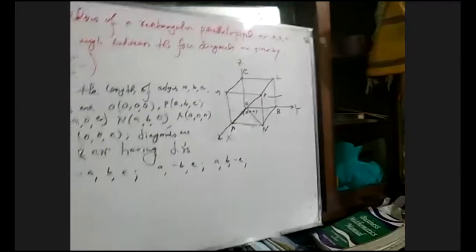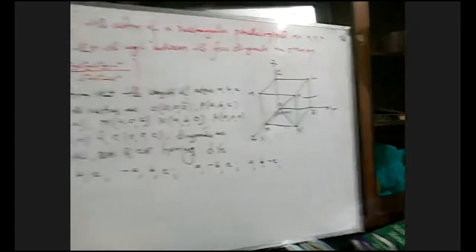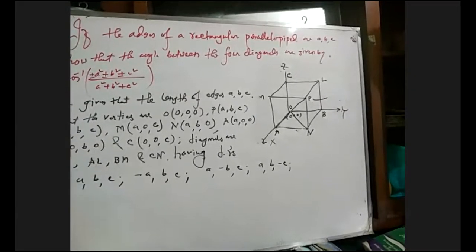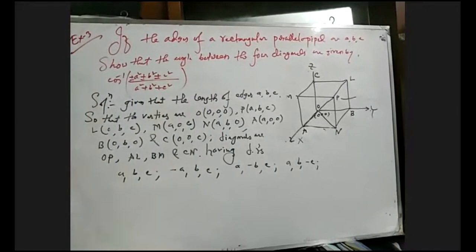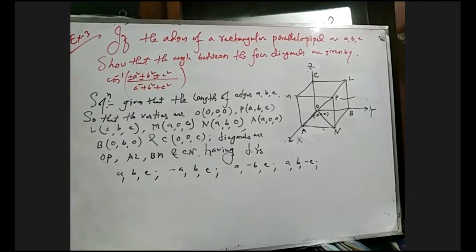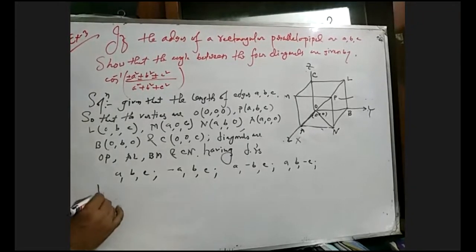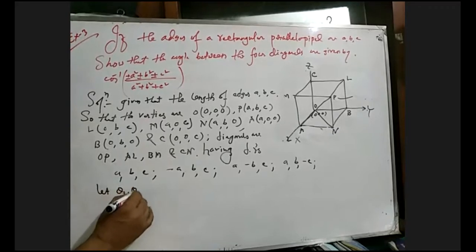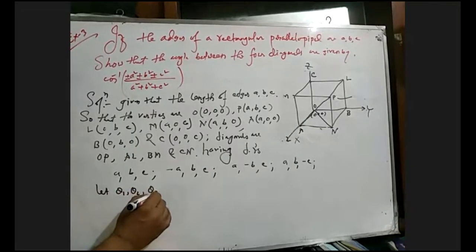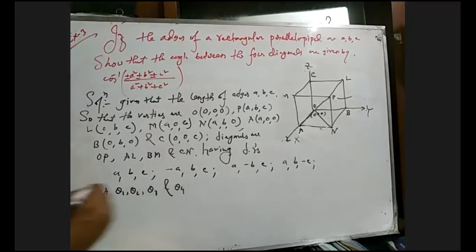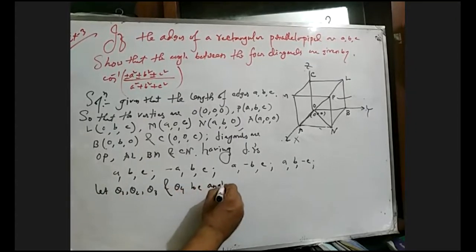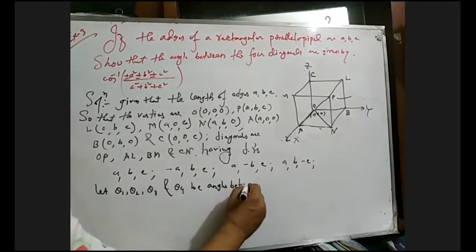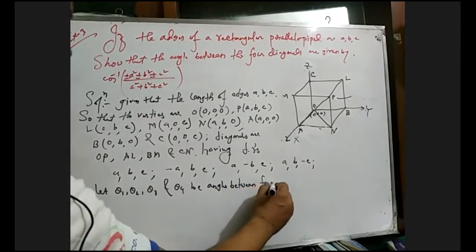Let theta 1, theta 2, theta 3 and theta 4 be the angles between the four diagonals.